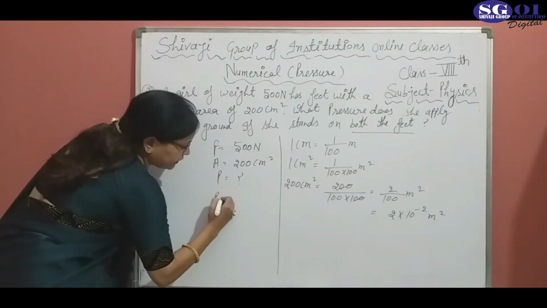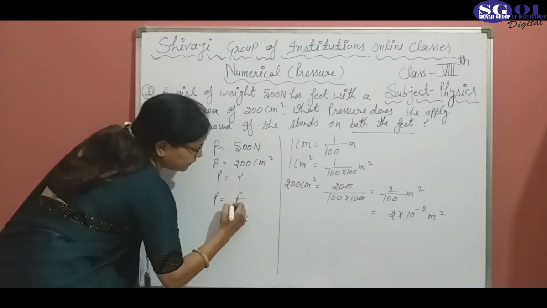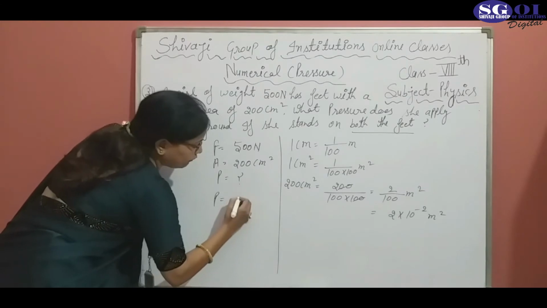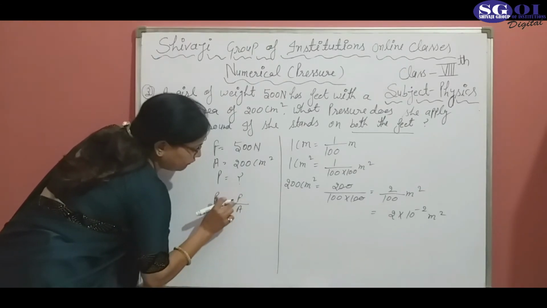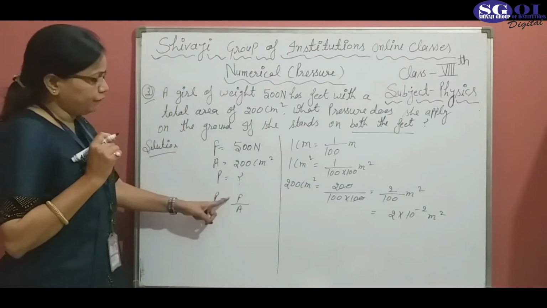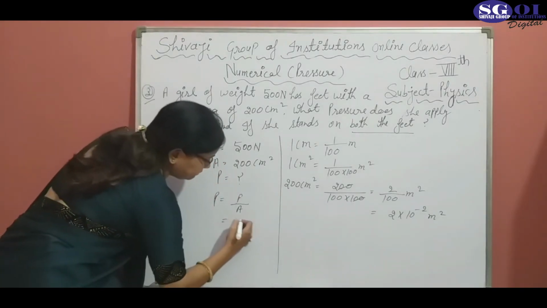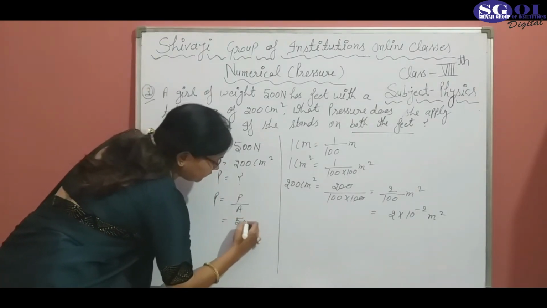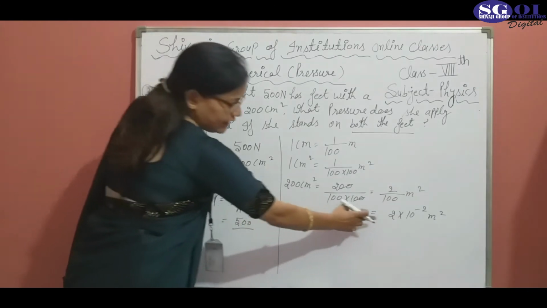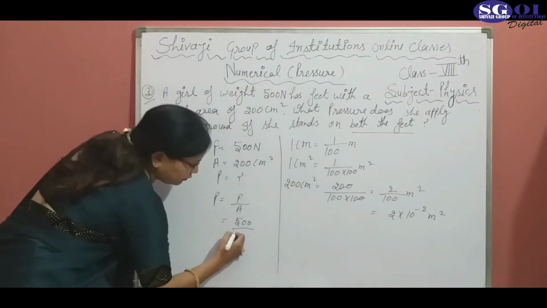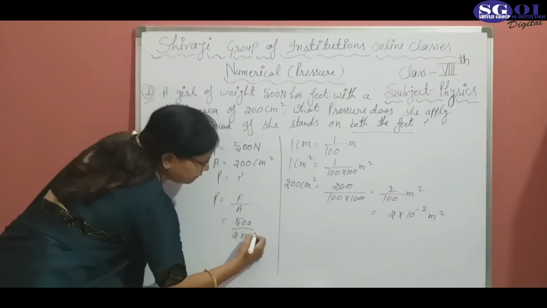As you know, pressure equal to force divided by area of cross section. Here force is 500 and area of cross section is 2 into 10 to the power minus 2.